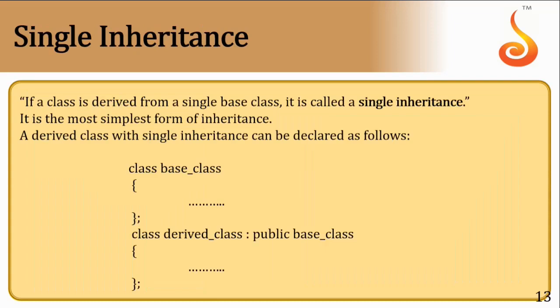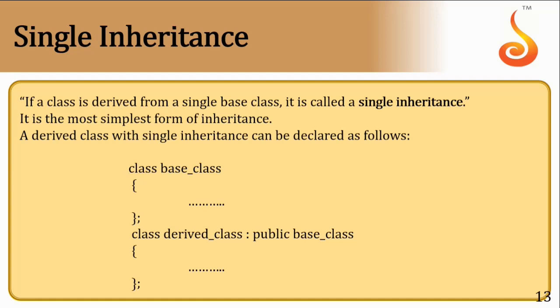Next is single inheritance. This is the general syntax of single inheritance. Normally they will ask you to write a program for single inheritance. It's a commonly asked question. You can either go through your lab program or there are many example programs in your book. What is single inheritance?